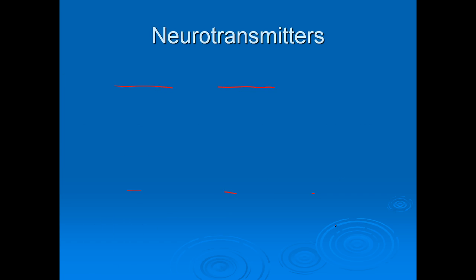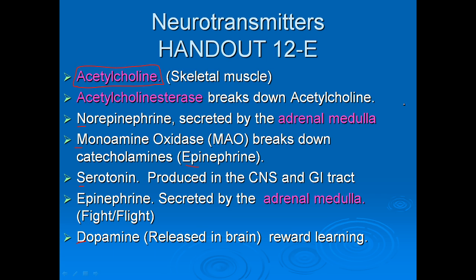So what I want to do is take our last handout here of the chapter. Woohoo! See, we're cruising through this chapter. I'm going to take handout 12E, and I am going to focus on 3 neurotransmitters that I want you to know. All right. So we're going to focus on these 3.